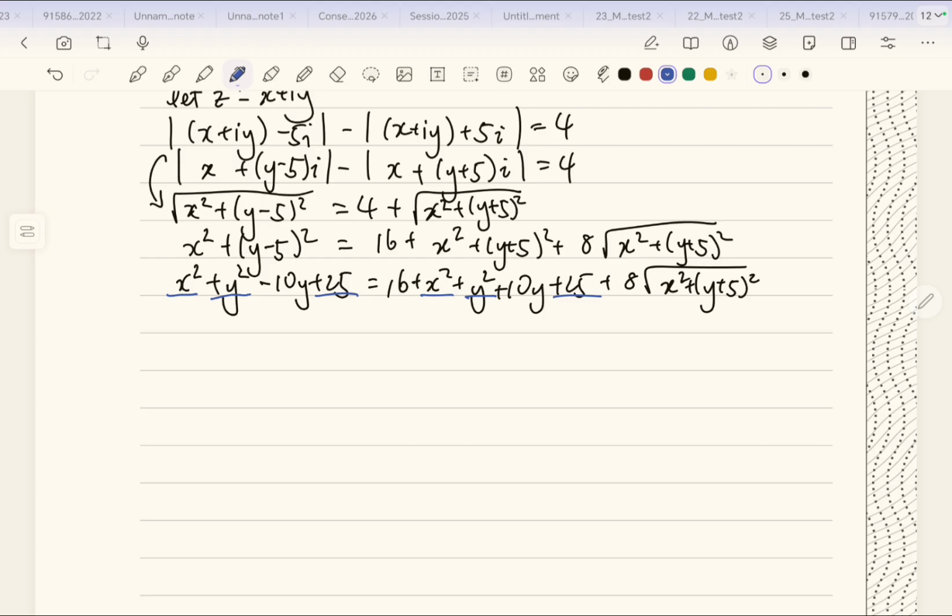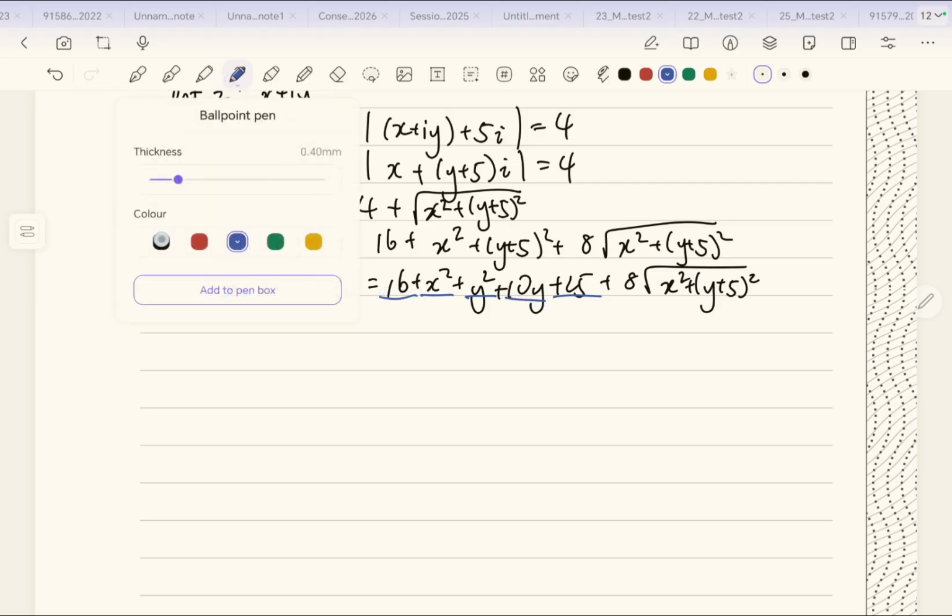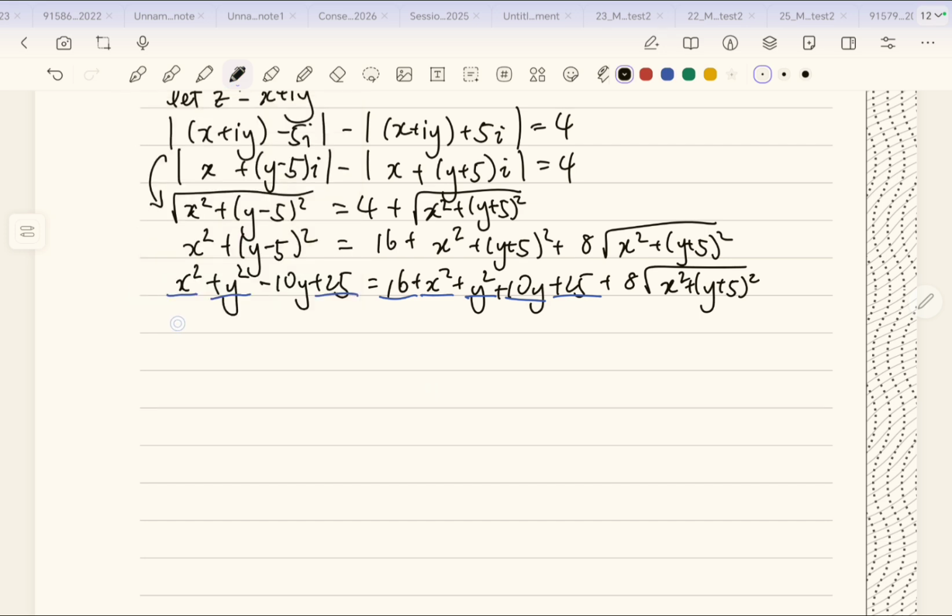Now we're left with, we'll move this 10y to the other side and this 16 to the other side as well. Therefore, we have negative 10y minus another 10y is negative 20y minus the 16 equals 8 square root of x squared plus (y plus 5) squared.